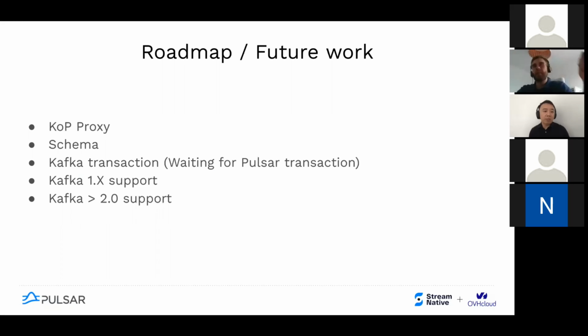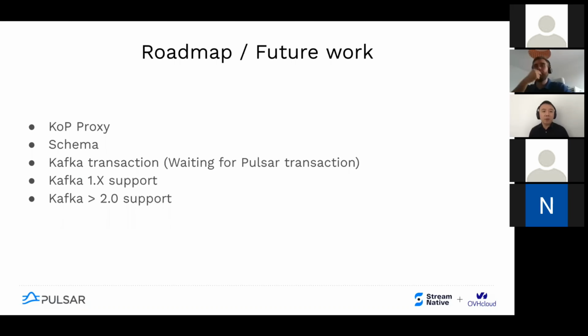We will have some blog posts coming up in probably the next couple of weeks to talk about KoP adoption. But at the same time, I would like to share a bit more because we are not done yet with some of the items that we want to leverage from Pulsar.